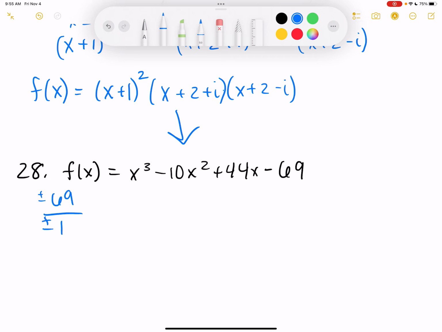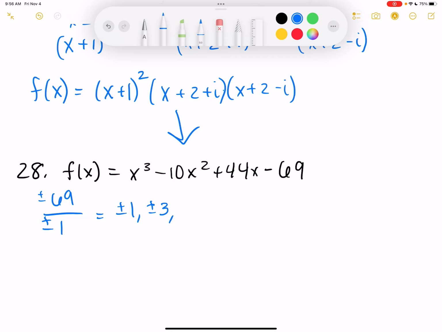You don't need to write the 1 since it's just a 1. You can just write the factors of 69. What are they? 1, 69, 3. I was gonna say 9.